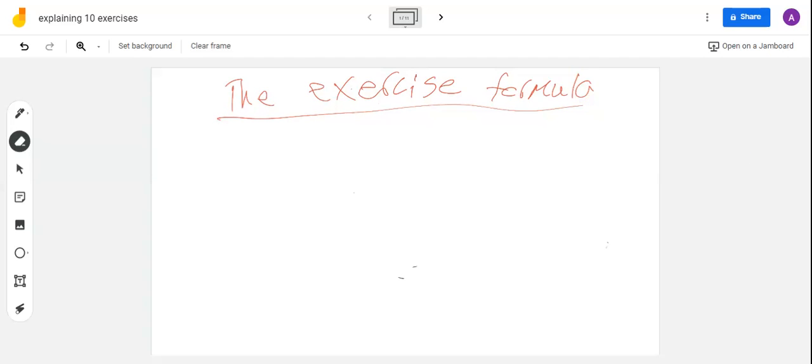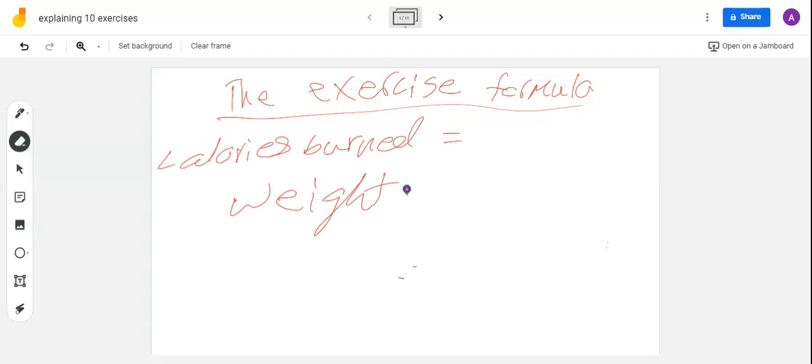Also, I apologize for how slow this is. I deeply apologize. So that formula is calories burned is equal to weight times minute times scale factor.